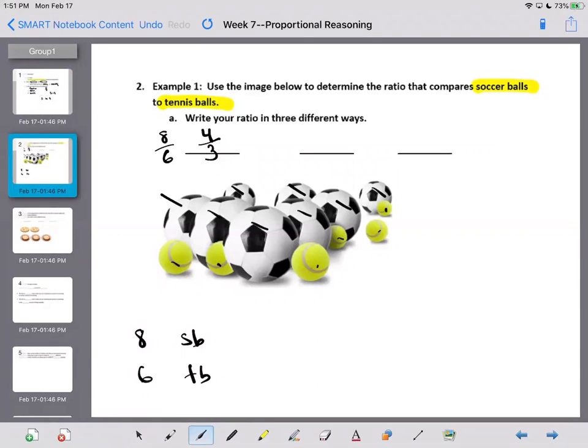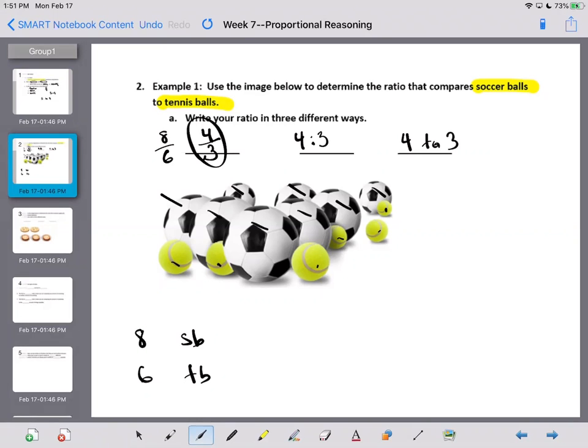That's done by multiplying or dividing. So 8 divided by 2, 6 divided by 2 would get us to say 4/3, or 4:3, or 4 to 3. So we always want to try to simplify our ratios as much as possible.